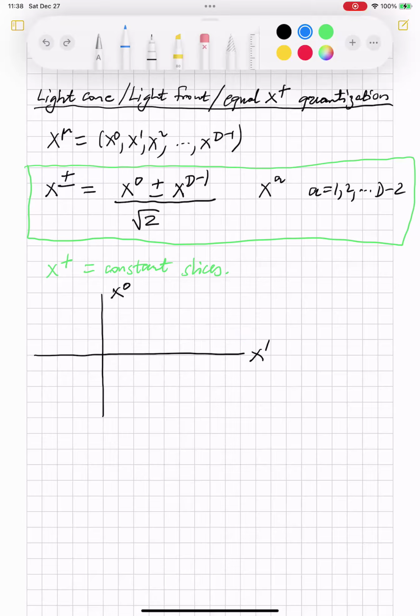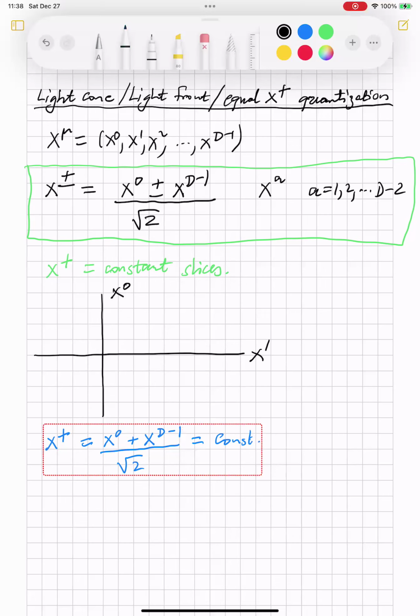So now we want to set x plus equal to x naught plus x d minus 1 over the square root of 2 equal to some constant. Okay, and sorry, let me just change something.